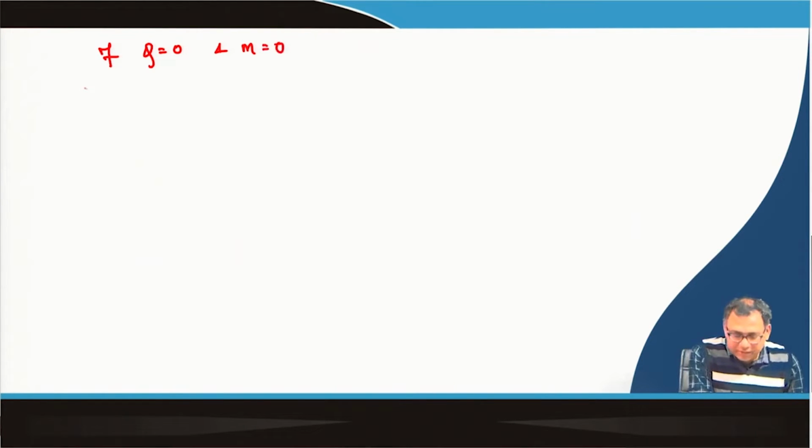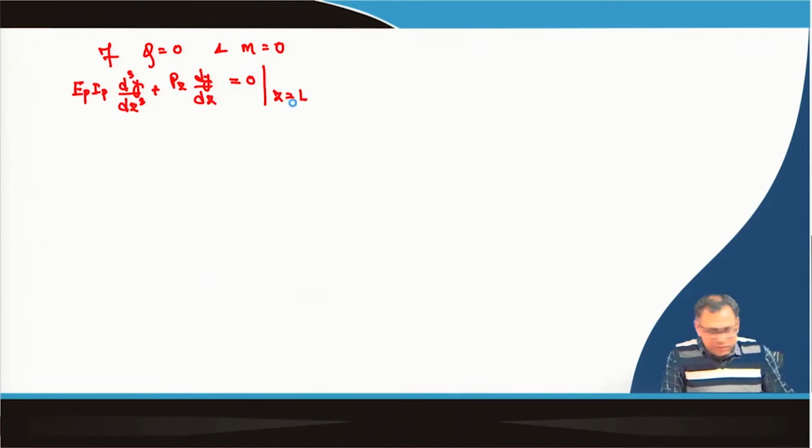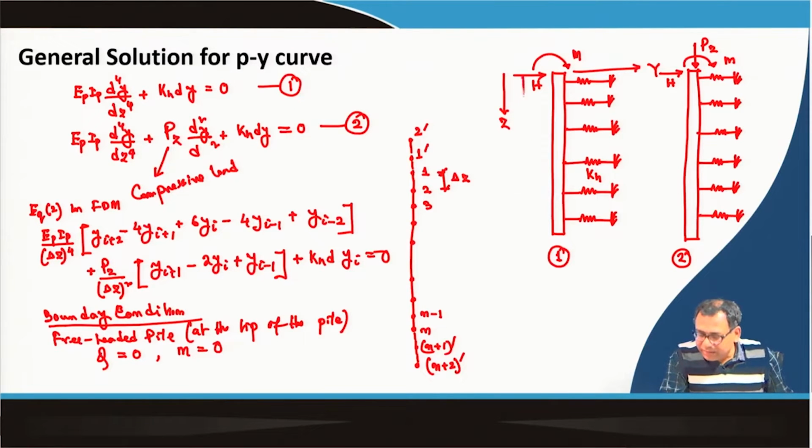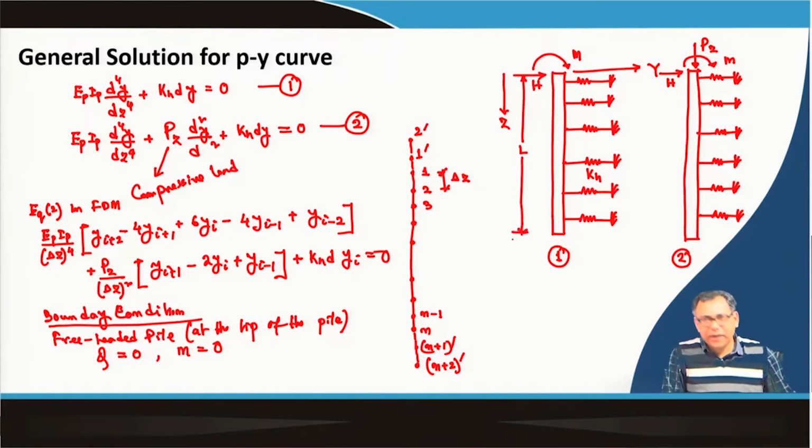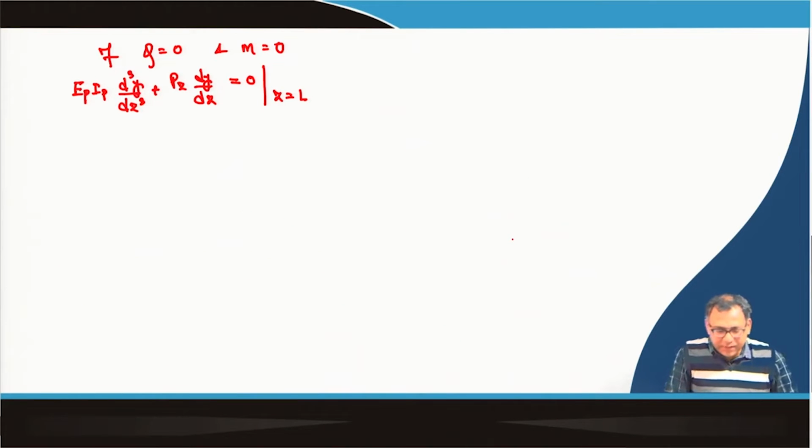For the shear force, I can write EpIp d3y/dz3 plus Pz dy/dz will be 0 at z equal to L, where L is the length of the pile.